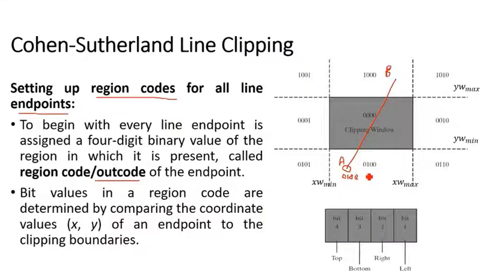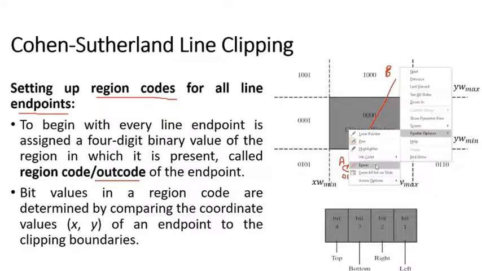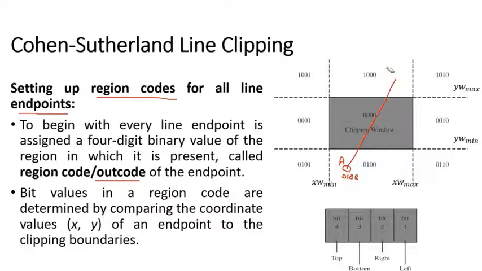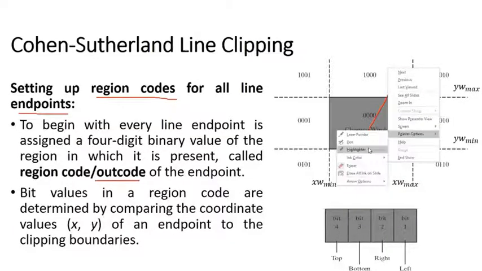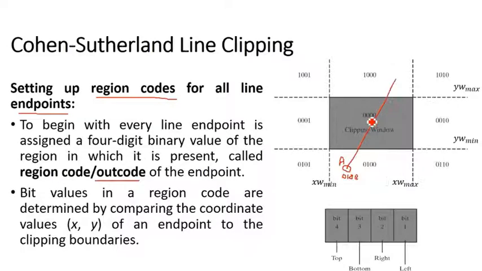Similarly, the outcode of B is the same as the region code of the top region. So the outcode of this endpoint B is 1000. If I take a point here, the outcode of this point will be 0010.